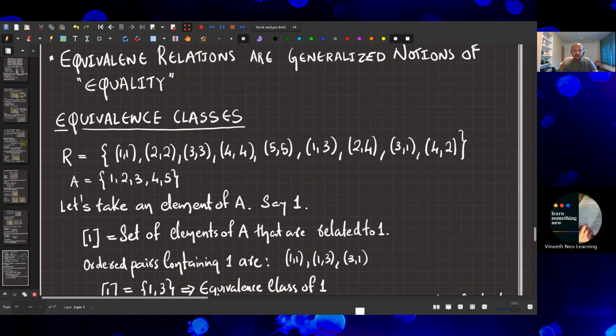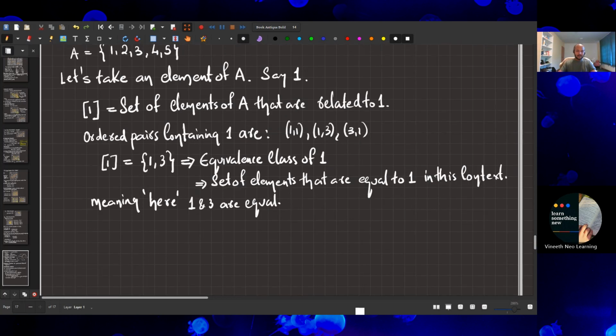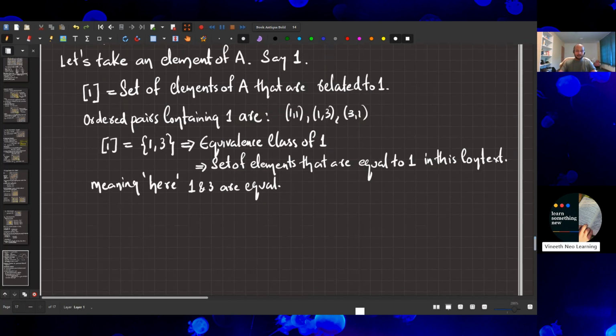So this is also an equality, but in some weird context, some other kind of sense. It's very interesting, isn't it, Joe? Yes, it's very interesting. So the equivalence class of 1 is the set {1, 3}.